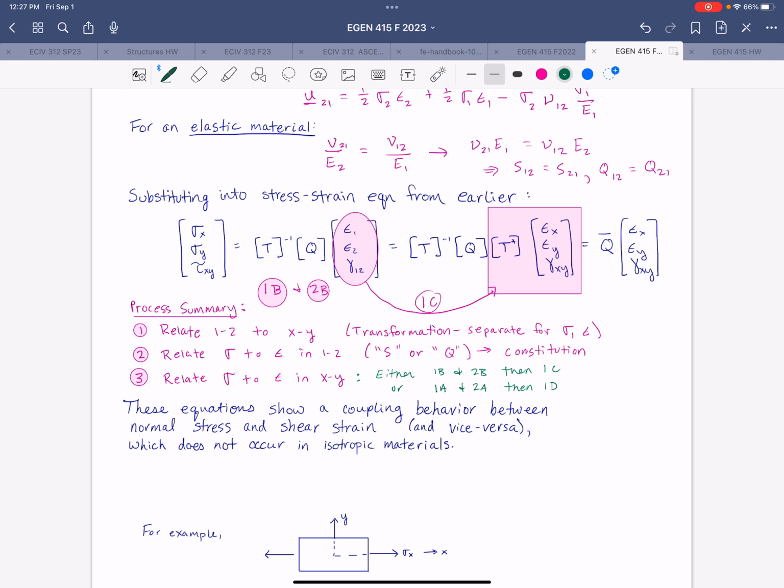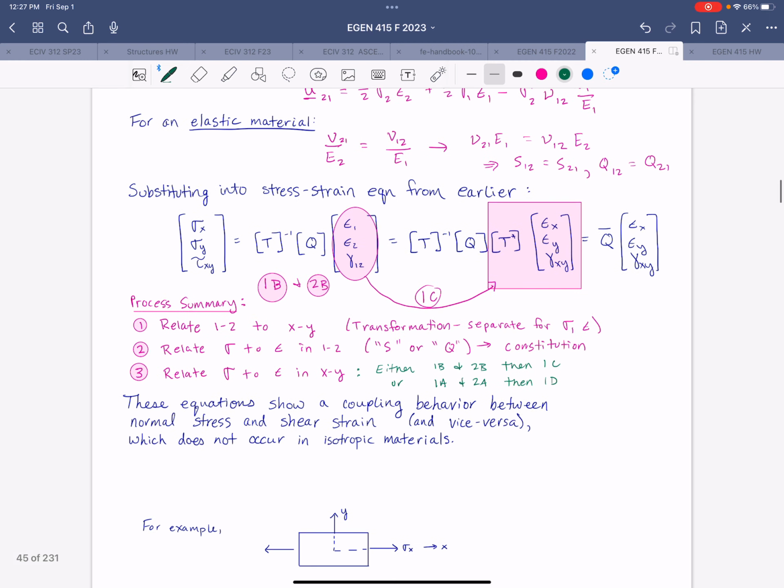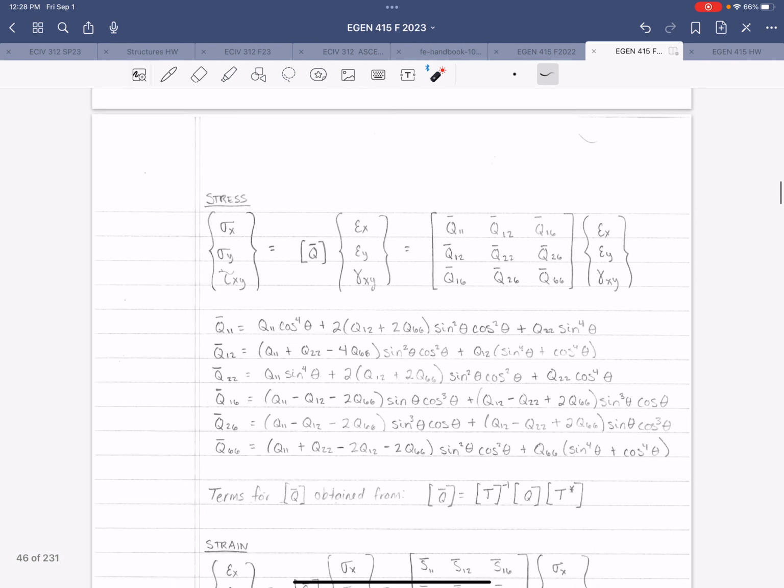So what we see in these equations, as it's noted down here, and this alludes to what I pointed out earlier, we see a coupling behavior between normal stress and shear strain, which does not occur in isotropic materials.